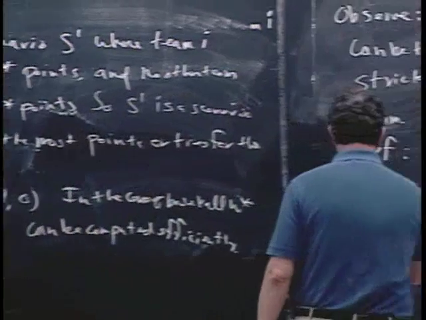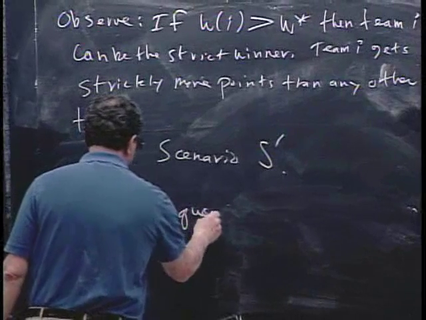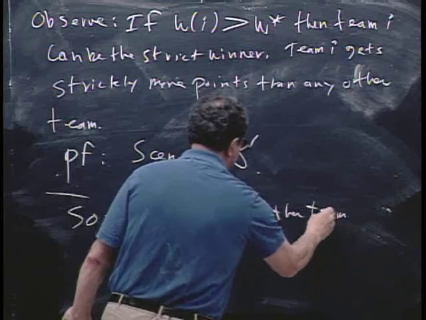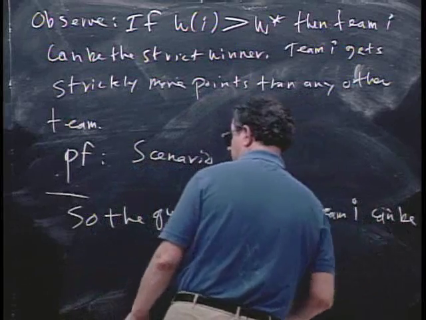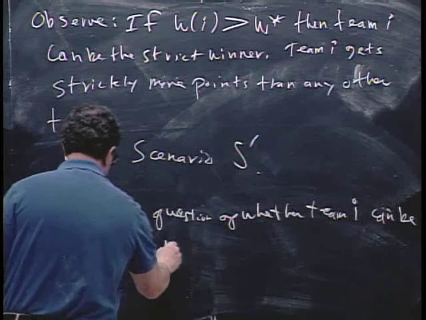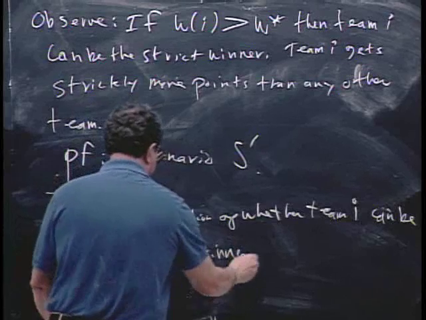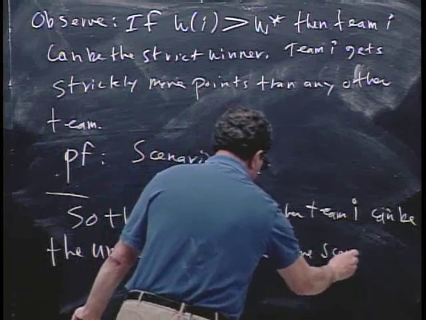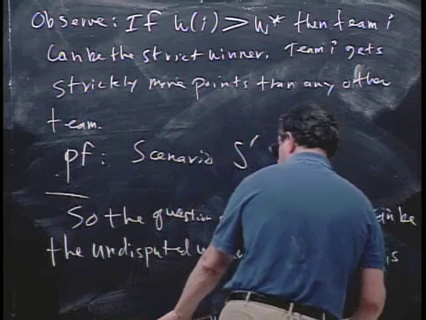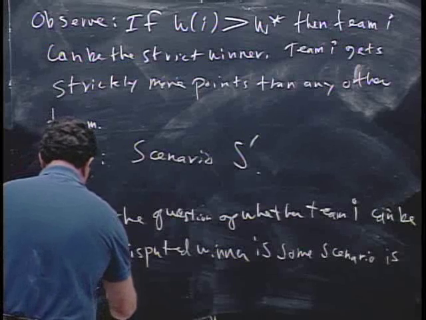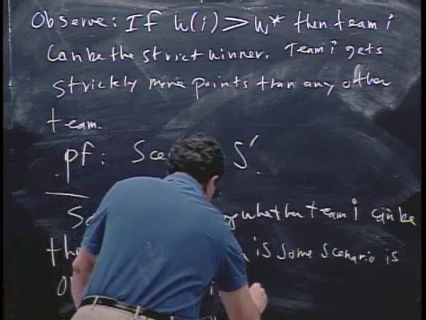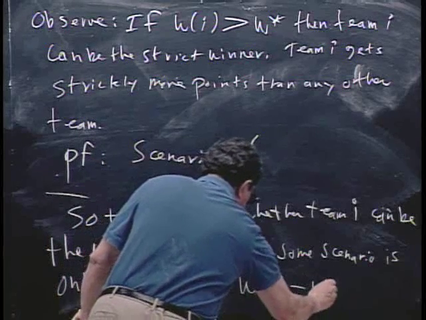Okay, so the question of whether team I can be the undisputed, which means strict, undisputed winner in some scenario is only unanswered if Wi equals W star.